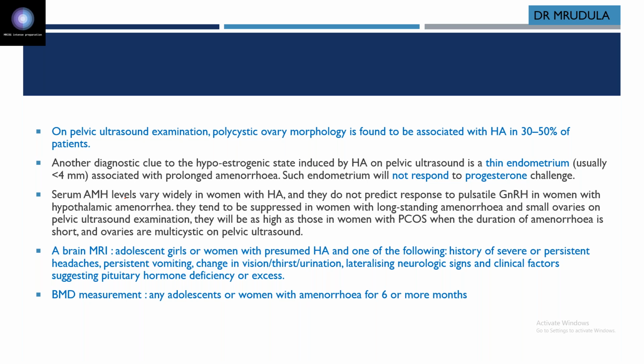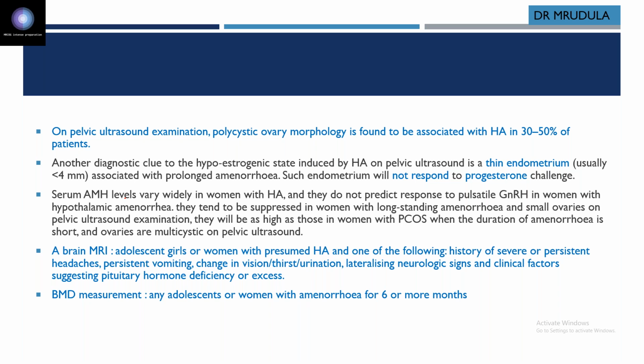What investigations are required for hypothalamic amenorrhea? If the patient presents with primary or secondary amenorrhea and you think she has hypothalamic amenorrhea, you have to do a brain MRI only if the patient gives a history of severe or persistent headache, persistent vomiting, any neurological symptoms, change in vision, thirst, or urination.